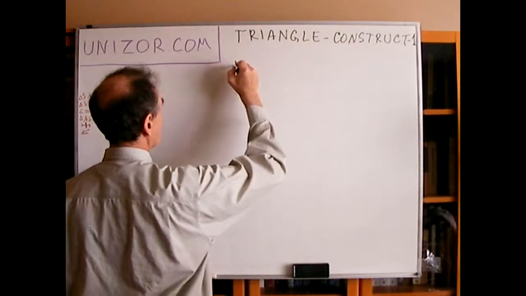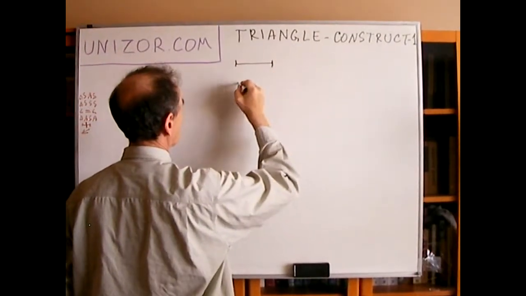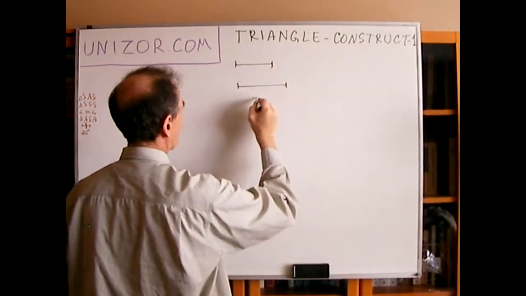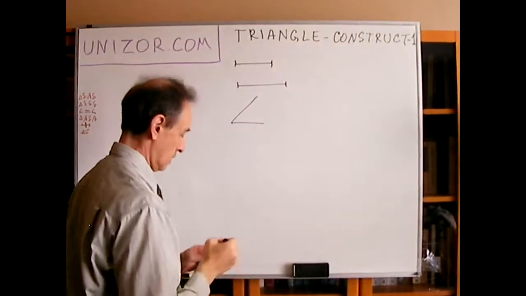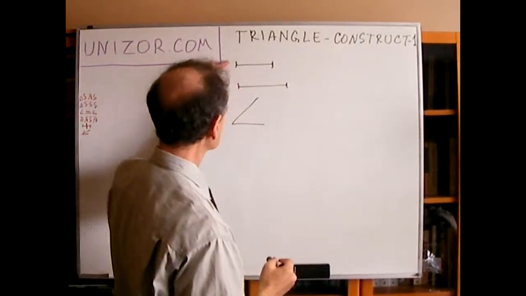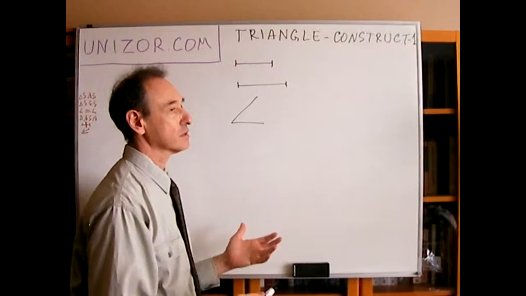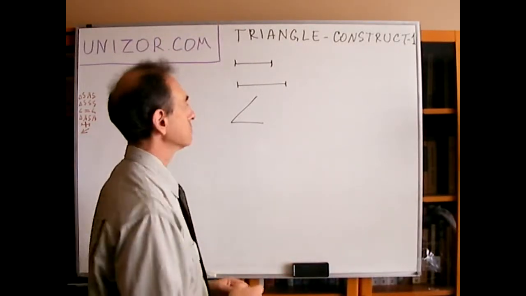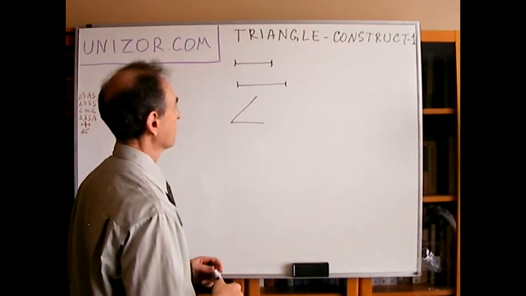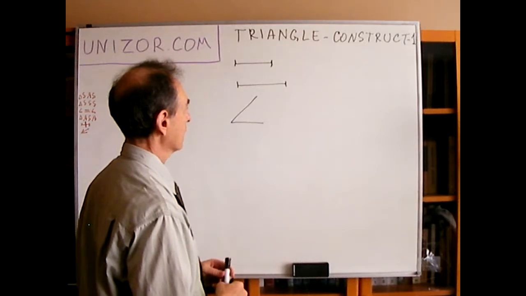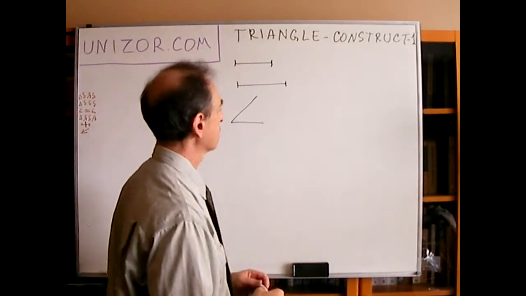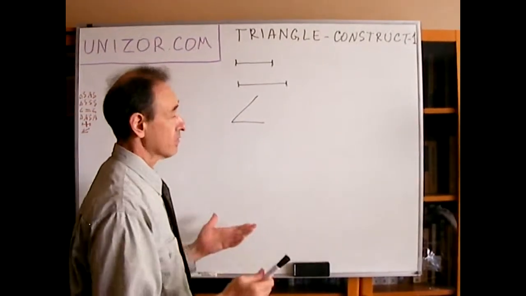Alright, so how to do it? So let's say you have 3 elements, 2 segments and an angle between them. Using these 3 elements we have to construct a triangle. What we can do is the following, and it's very, very simple.